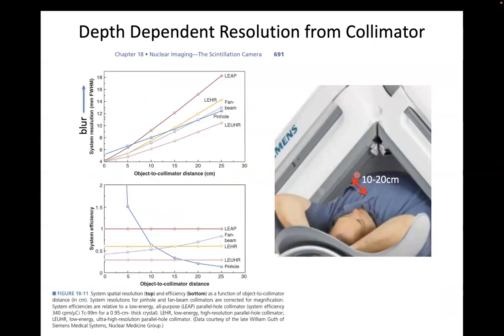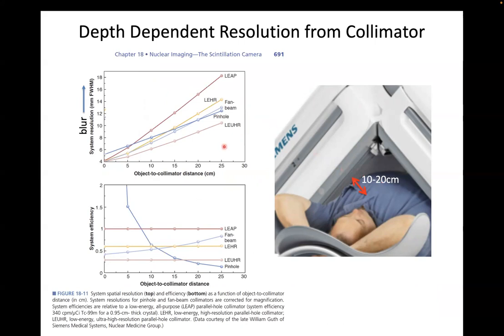So if we go back to our example picture of this patient, the distance between the thing we really want to resolve and our detector and our collimator here is somewhere between 10 to 20 centimeters, right?